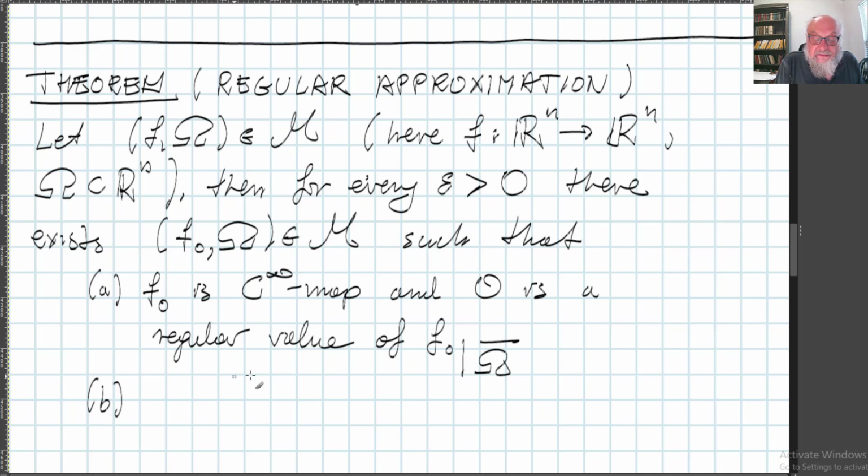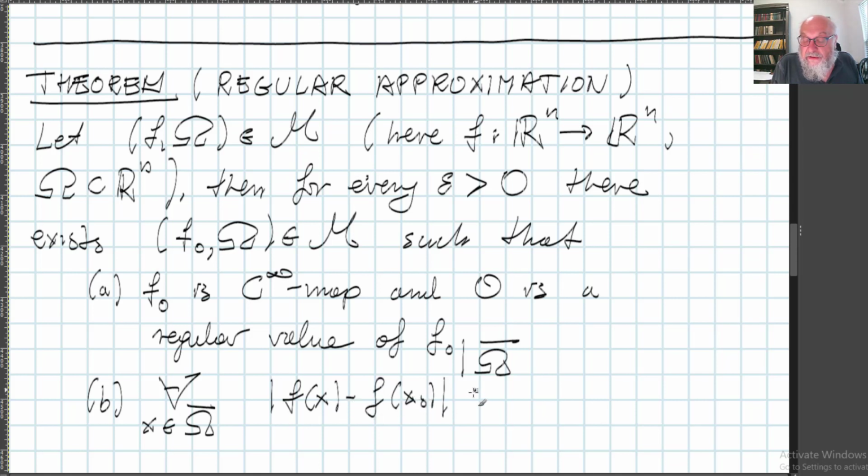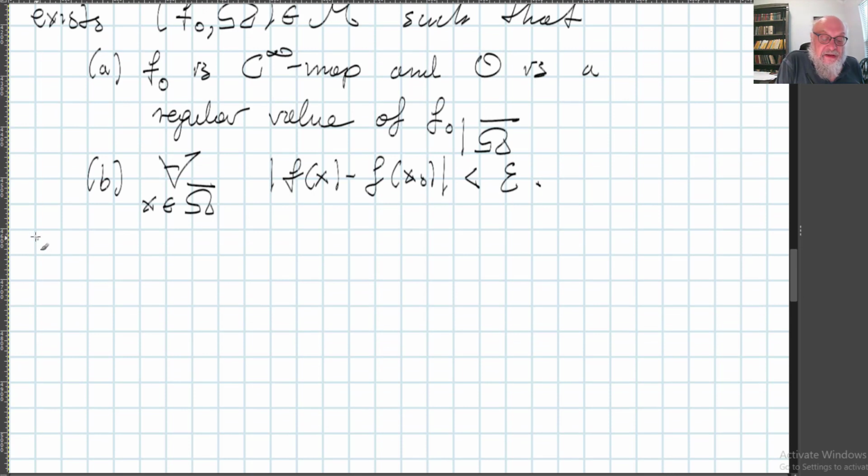And B is that for every x belonging to omega bar, the norm of F of x minus F0 of x is smaller than epsilon. Let's do the proof, because there is nothing difficult here.